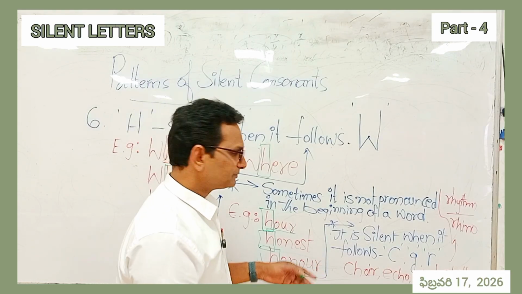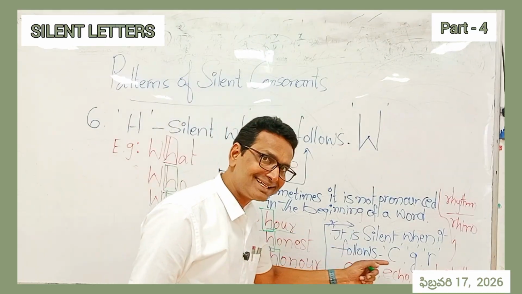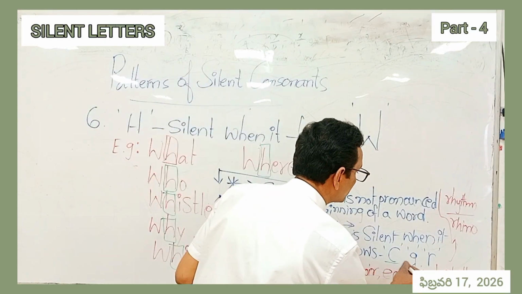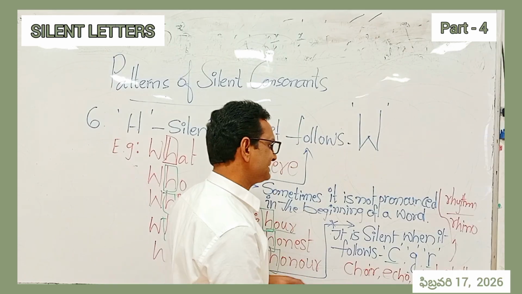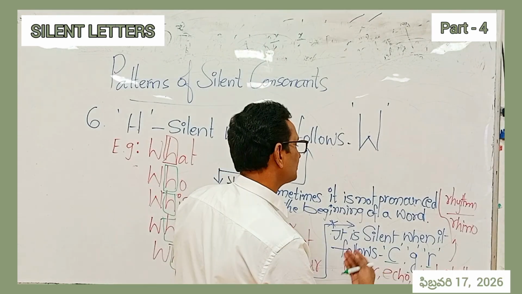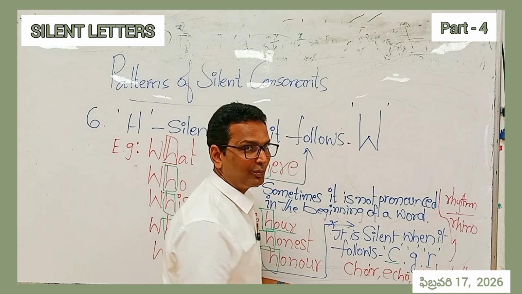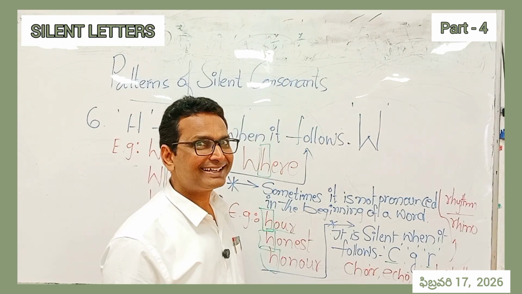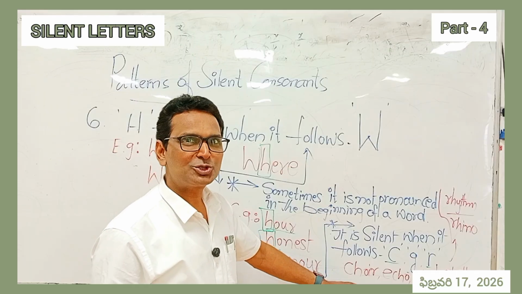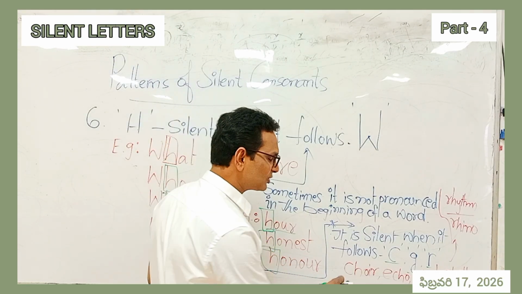Another important pattern: H is silent when it follows C, G, R. These letters are very important in some words. For instance, CHOIR, the pronunciation is very critical and typical. People say it wrongly, but it's "choir".